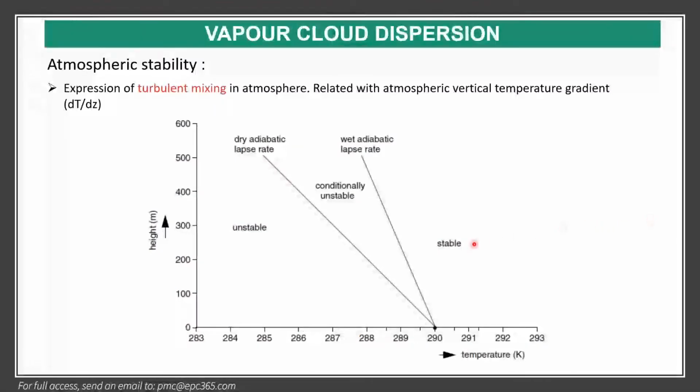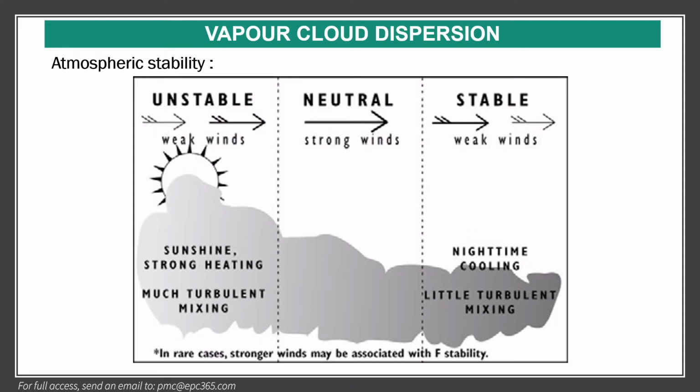So here, about atmospheric stability: it is the expression of turbulent mixing in the atmosphere, related to the atmospheric vertical temperature gradient, dT over dz. If you have temperature here with the height, it is unstable, dry adiabatic lapse rate, and stable, and these are the curves from the modelization.